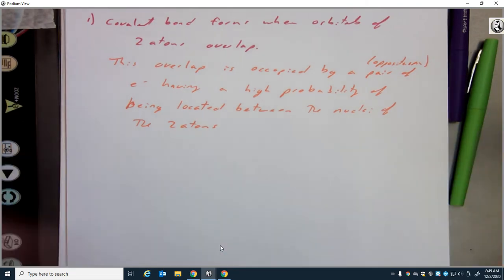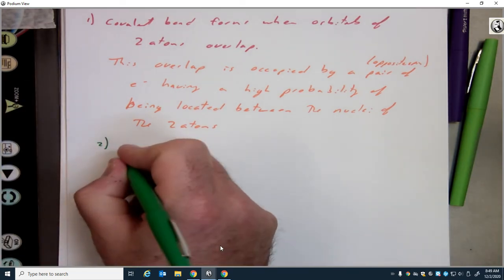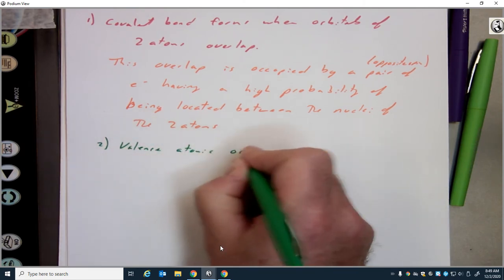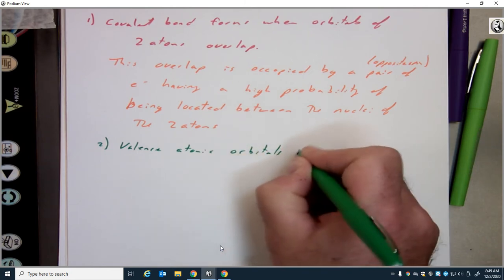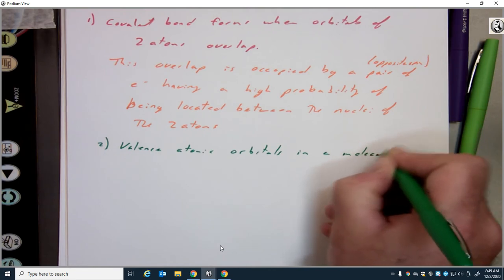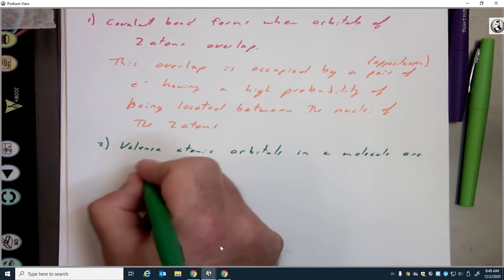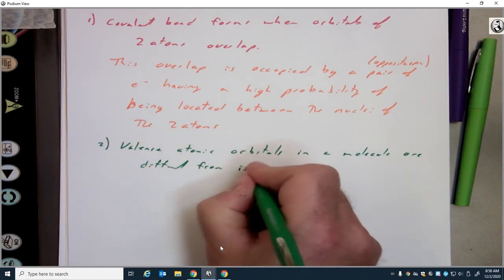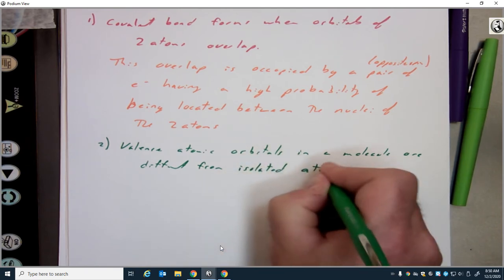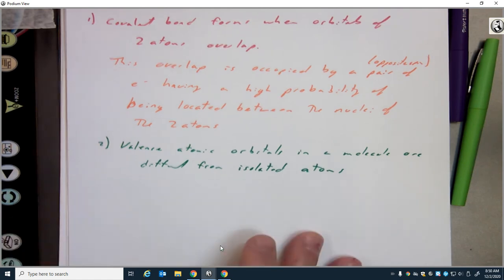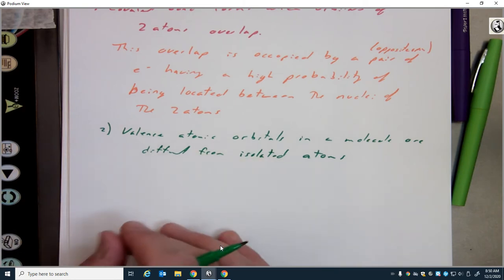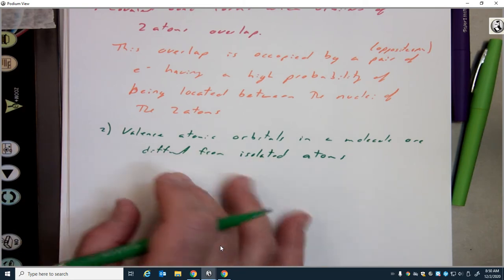Something I want to stress is that valence atomic orbitals in a molecule are different from isolated atoms. Let me visualize this for you.